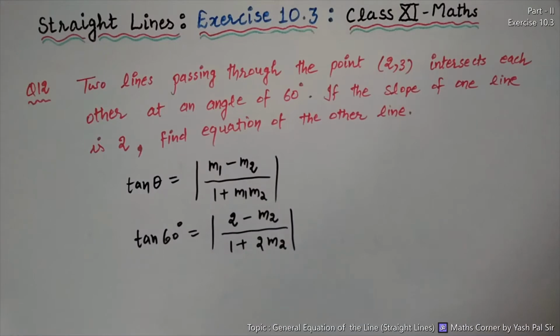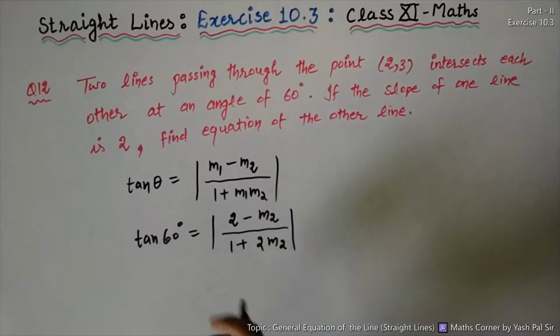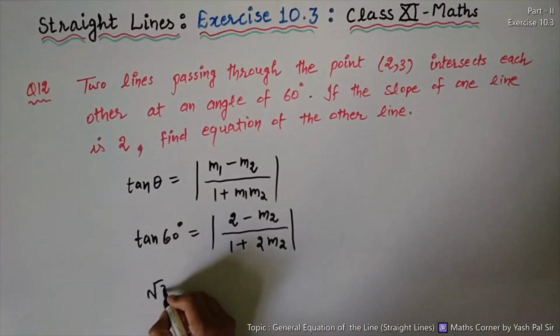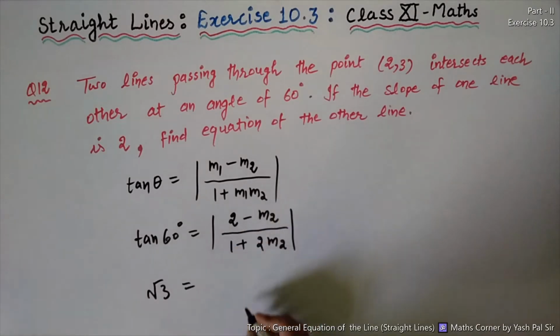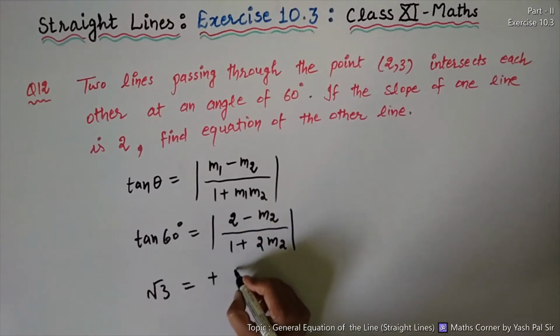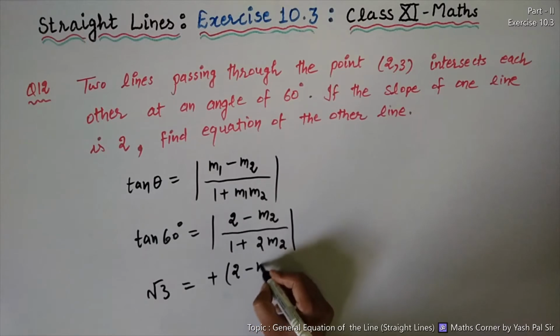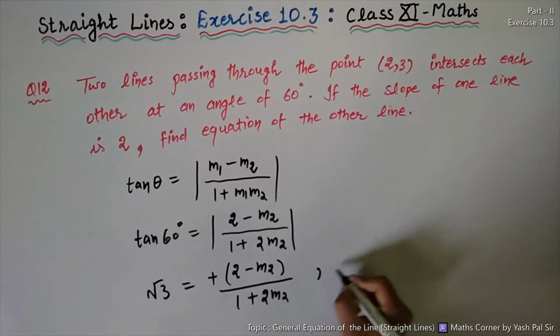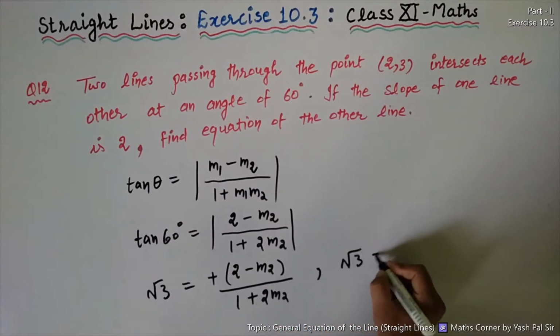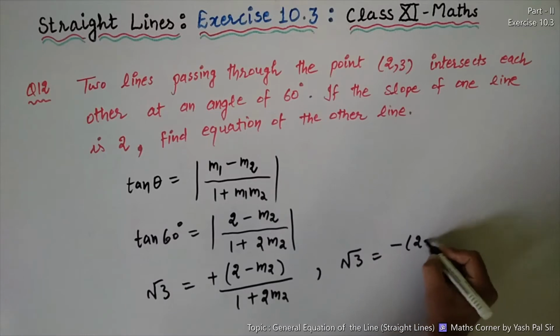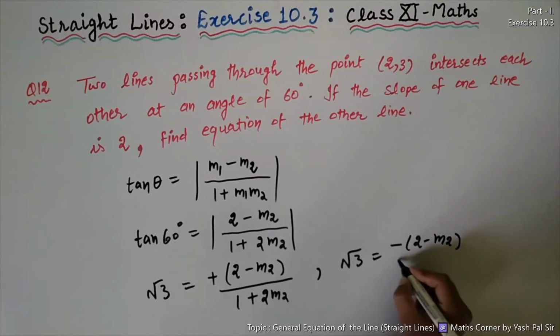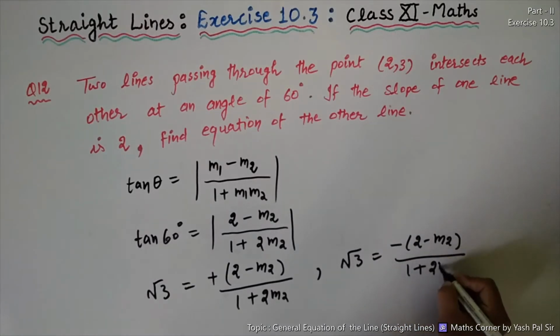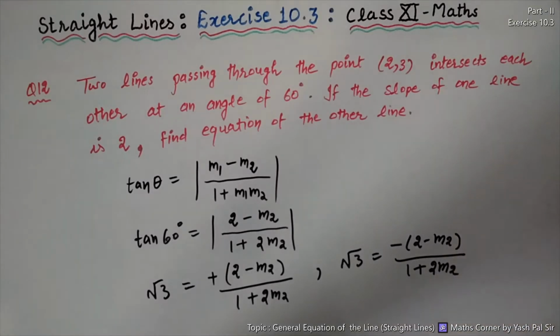Right? Now what is the value of tangent 60 degree? This is equal to square root of 3. One time we write square root 3 is equal to plus (2 minus m2) divided by (1 plus 2 m2). Second time we write square root 3 equal to minus (2 minus m2) divided by (1 plus 2 m2).